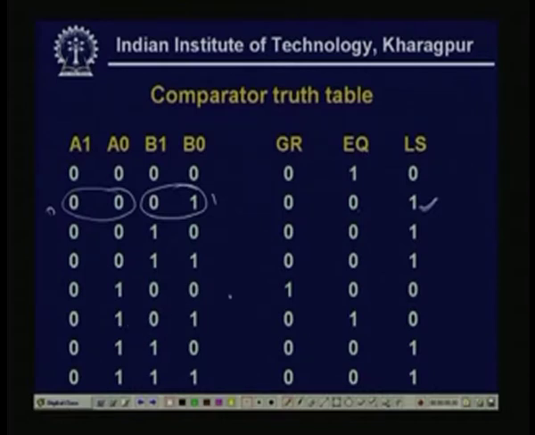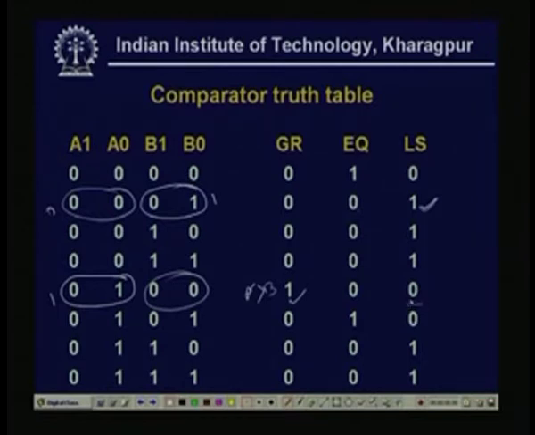Similarly, we take this one, 0 1 0 0. See this 0 1, this is 1, this is 0. So, it is A greater than B. So, GR is giving a 1, equal is giving a 0 and less than is giving a 0.